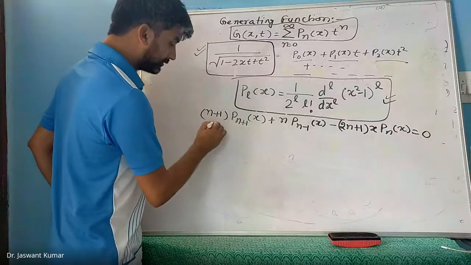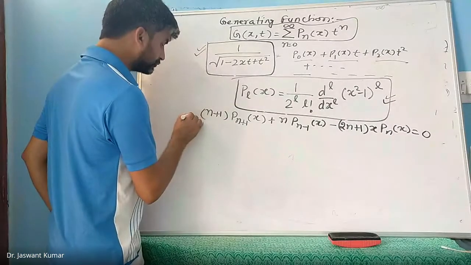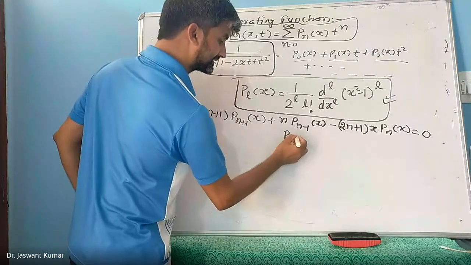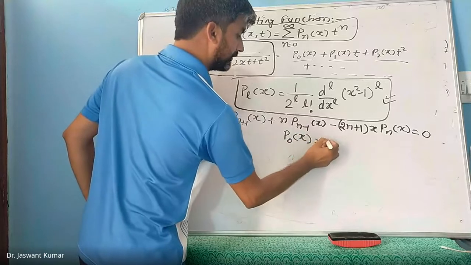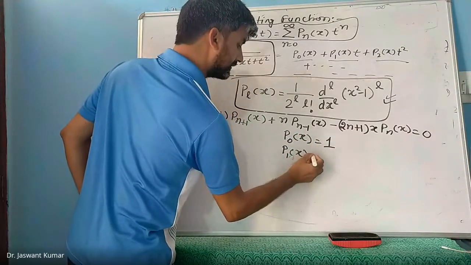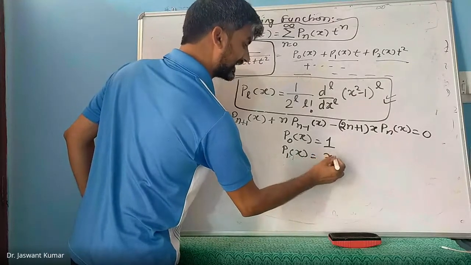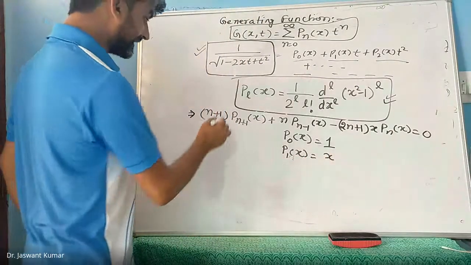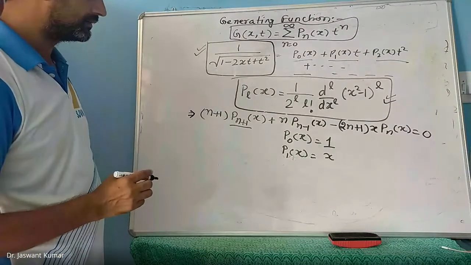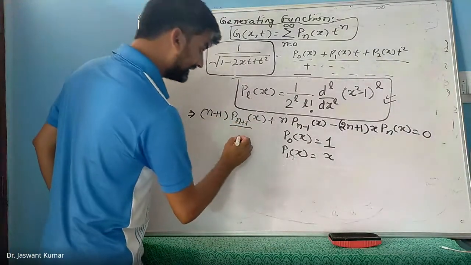One of the outcomes of this relation could be that we already know that P naught x is 1, and P1 x we know is x. So let us calculate what P2 x will be. We take n is equal to 1.